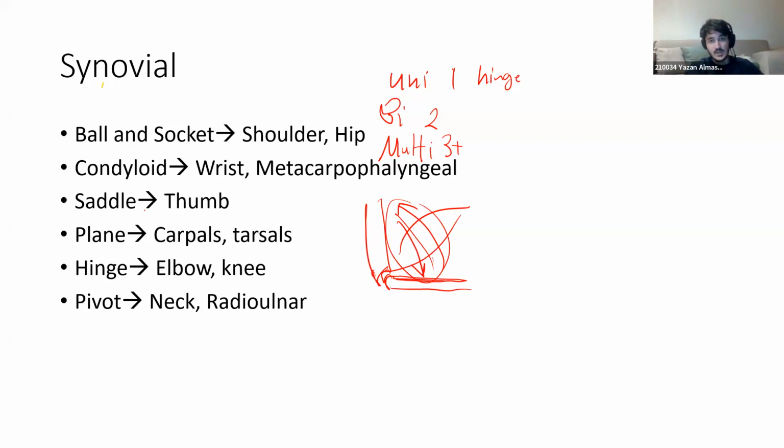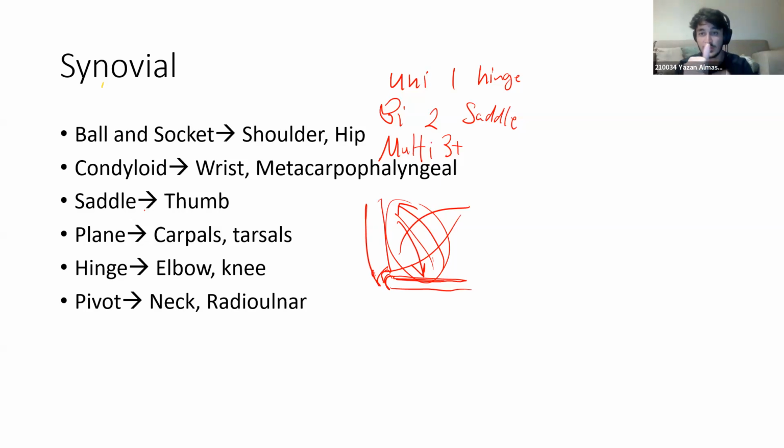Now, biaxial, for example, saddle. I think saddle is biaxial. I'm not sure, let me make sure. I don't want to give you wrong information. I should have probably Googled it before. Yes, it's biaxial. So you can move your thumb forward, backward, to the sides.